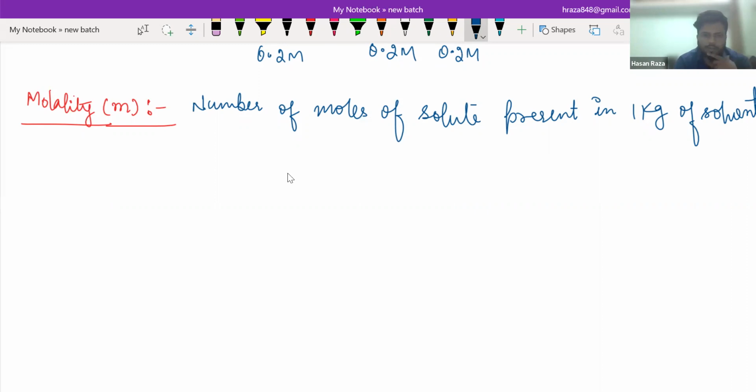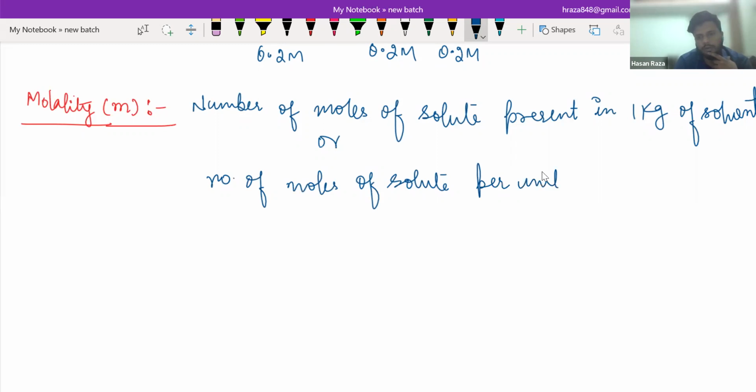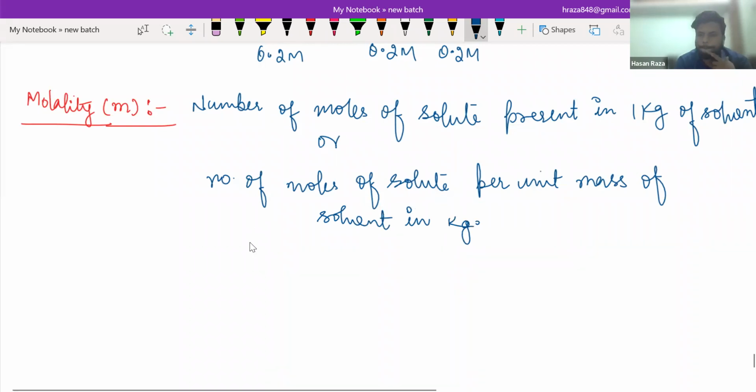Okay, or we can also define it like number of moles of solute per unit mass of solvent in kg.